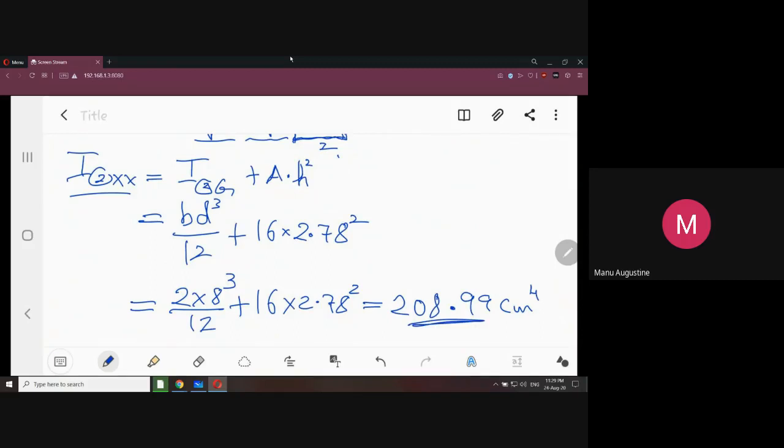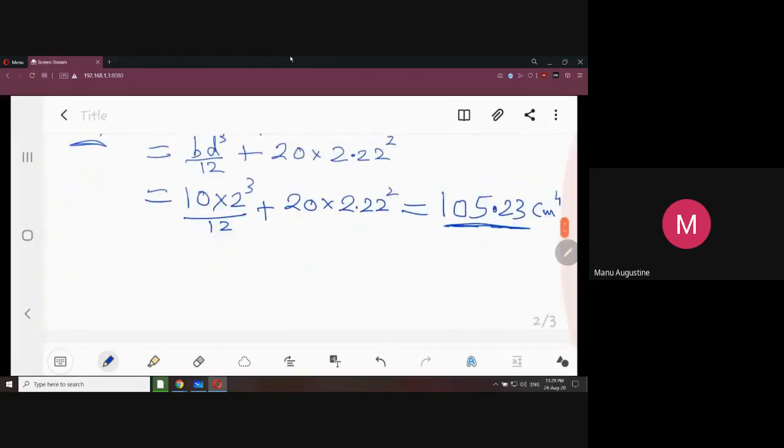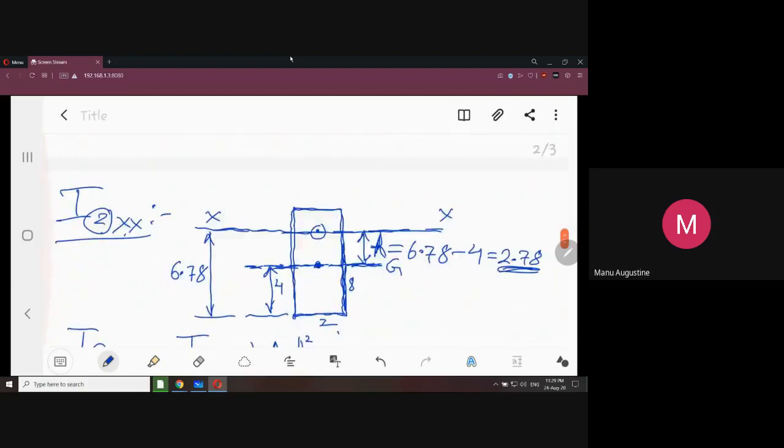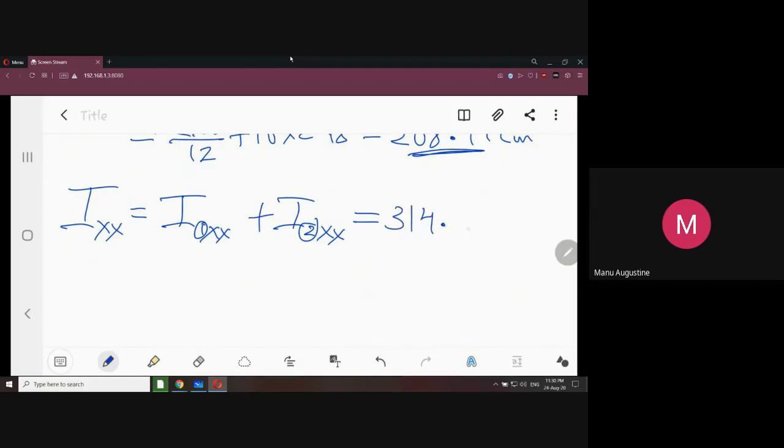So now you have individually taken down I2xx and I1xx. And as was discussed earlier, the overall moment of inertia Ixx will be simply I1xx plus I2xx. And this should come out approximately to be equal to 314.22 centimeter raised to power 4.